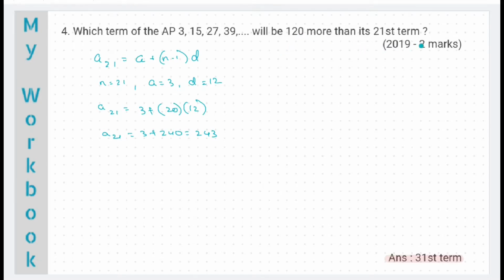120 more than 21st term. 120 plus A of 21 will be 363. So in this arithmetic progression, for what value of n will A of n be 363?